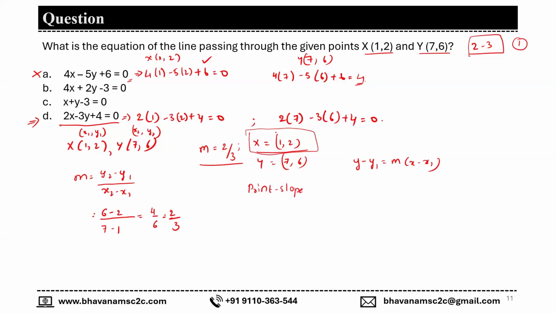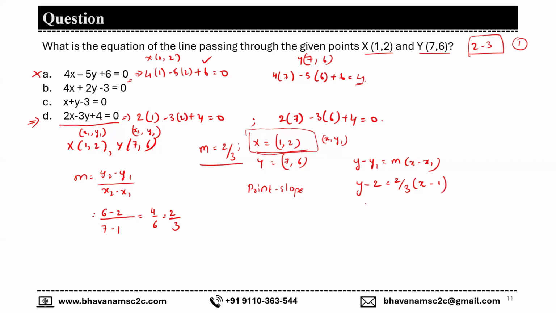So for this particular point, x1, y1 is equal to 1, 2. Now, what is y1 from this point? 2. What is the m value? 2 by 3. And what is the x1 value? 1.